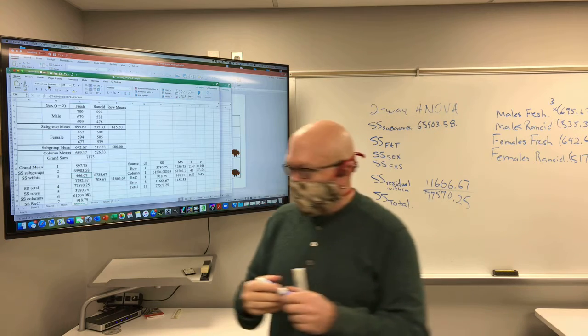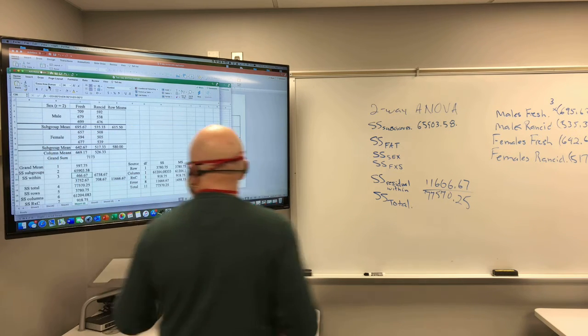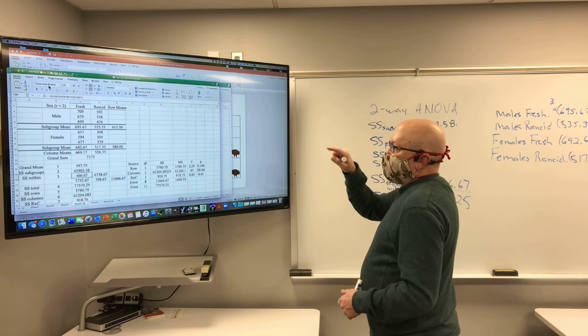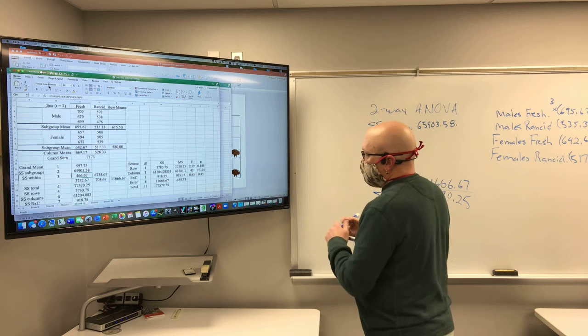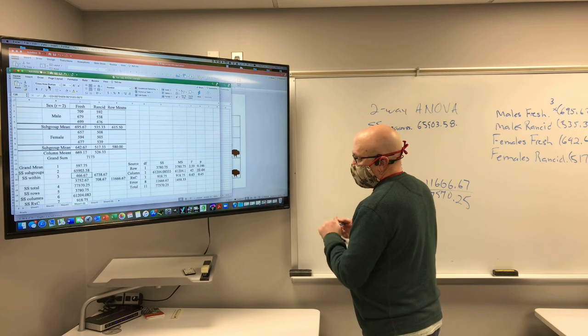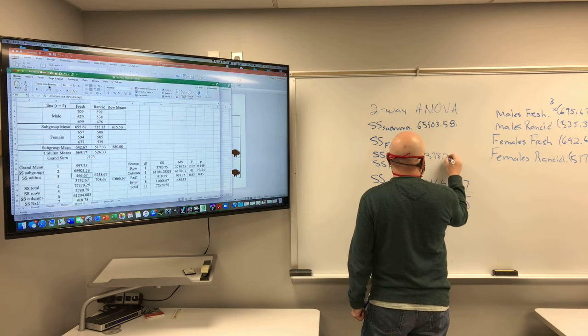So when we look at sum of the squares total, not sum squares total, when we look at sum squares row, sum squares column, and sum squares row by column, these 3 things, so I'll just put what they ended up being. Rows is, in this case, sex. So sum squares rows is 3780.75.